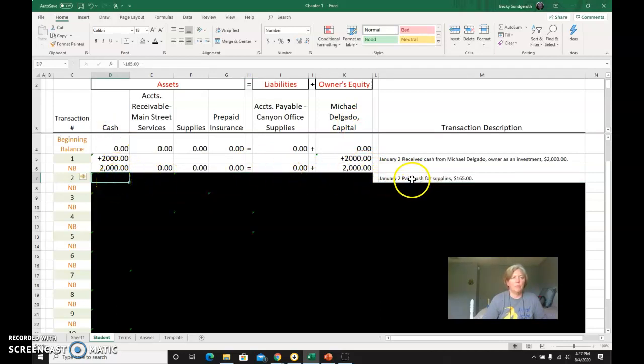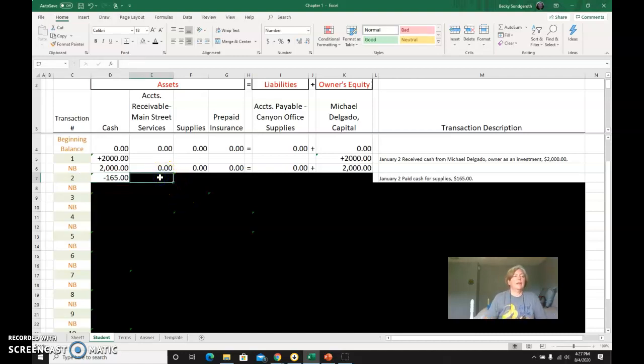I see the words paid cash, so I know cash is affected. Cash is an asset. Is it going up or down? If I paid it, that means the business is getting rid of cash to someone. So it is going down. It is a negative $165.